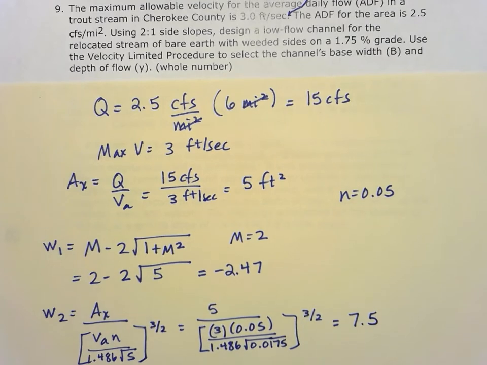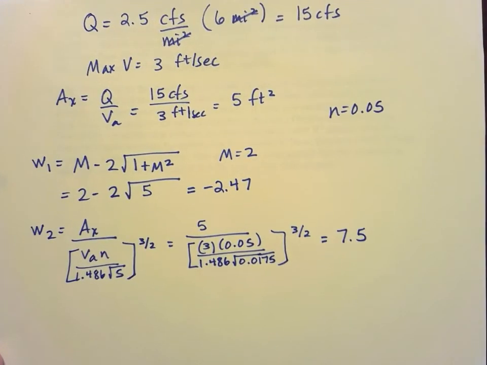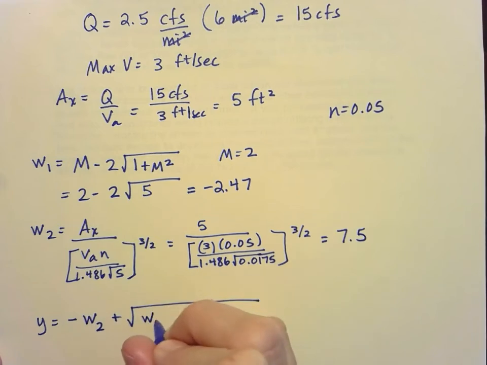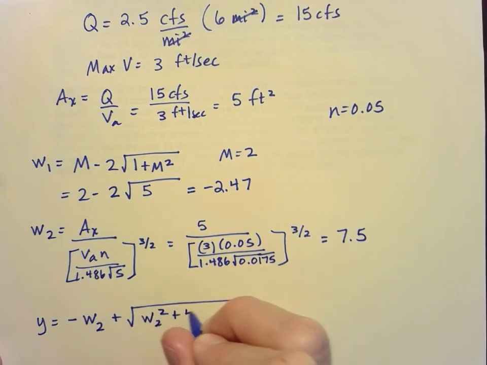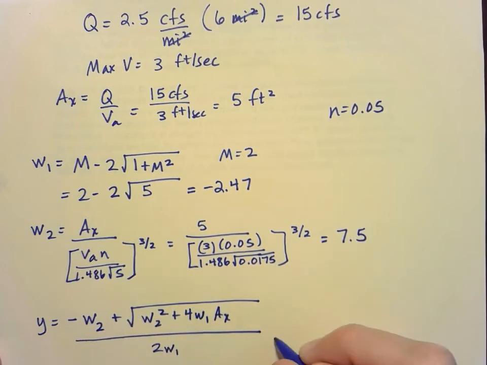So now it's a question of putting it into the quadratic equation to solve for the depth, and the formula that will follow here is y equals minus W2 first, plus the square root of W2 squared plus 4 W1 times that area, all divided by 2 W1. So let's plug the numbers in here.